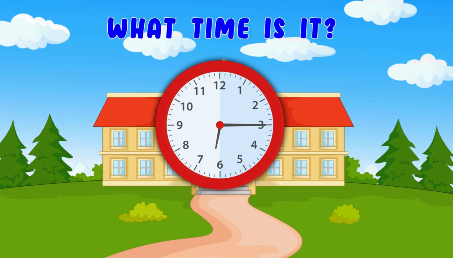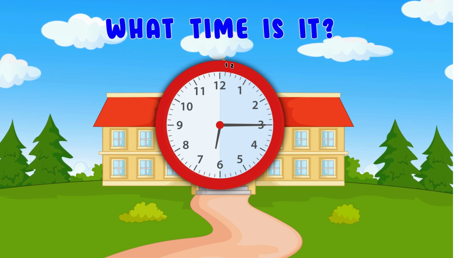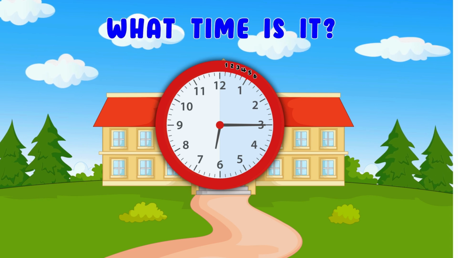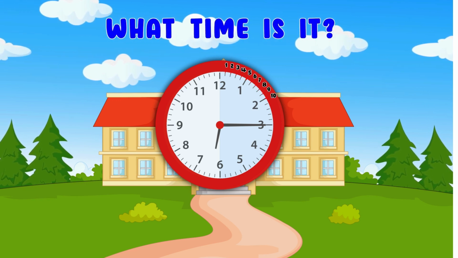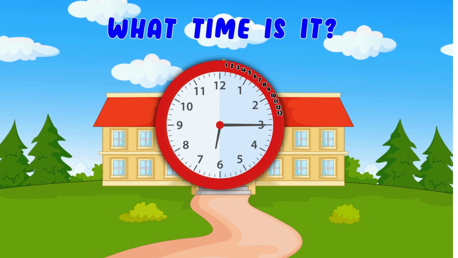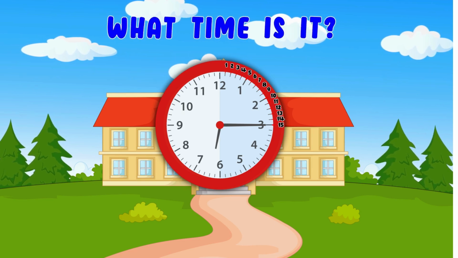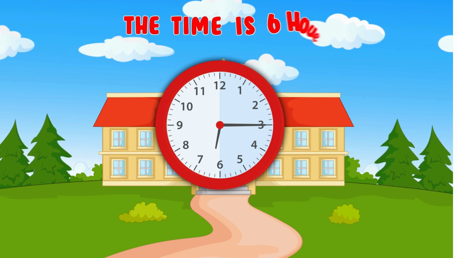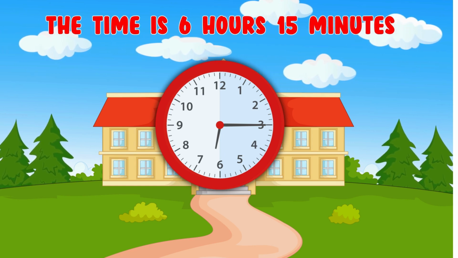Now let's see the big hand. Where is it? 1, 2, 3, 4, 5, 6, 7, 8, 9, 10, 11, 12, 13, 14, 15. It's at 15. So the time is 6:15.